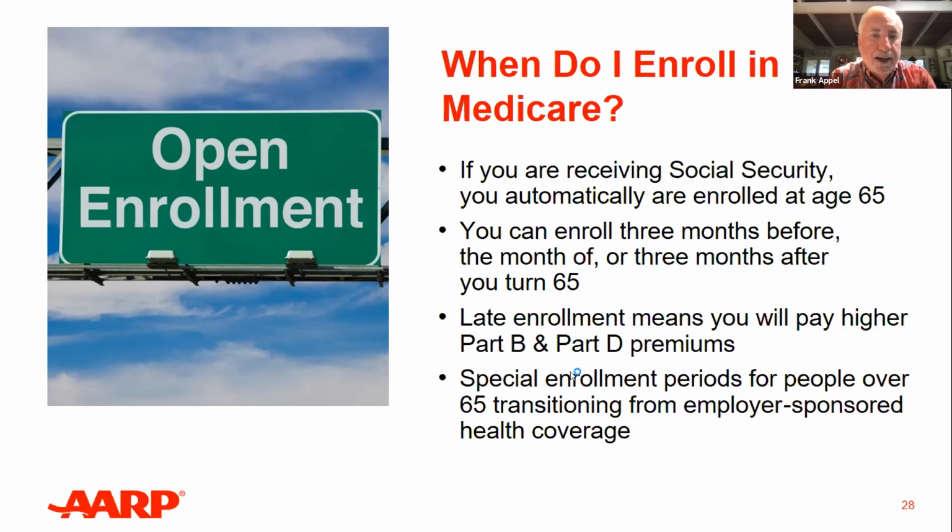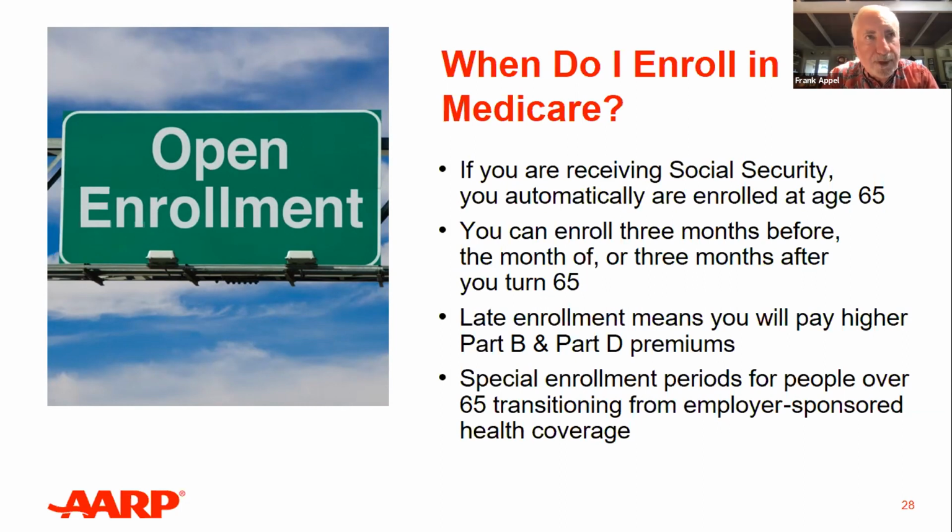So you have to actually contact Social Security to enroll in Medicare. If you delay beyond that window, you are likely to have to pay higher Part B and Part D premiums. So it's important that you enroll during that period.